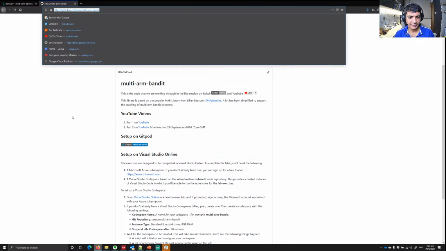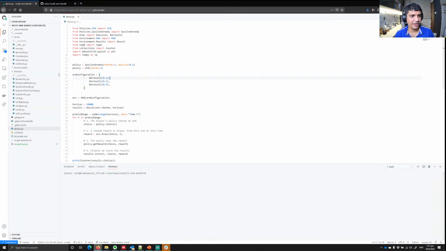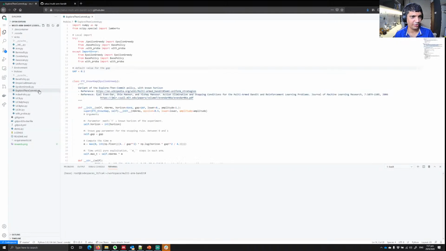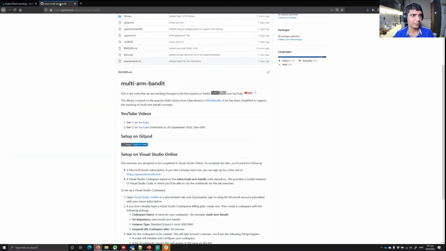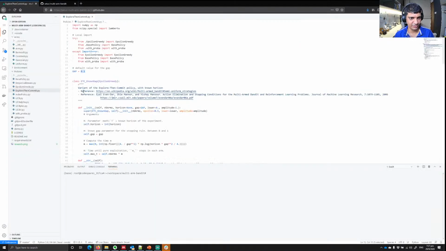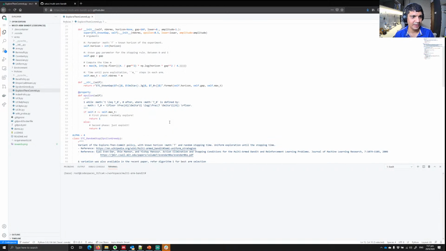All right, let's get started. So I already have my environment set up, and I have two explore then commit policies, where the first one is where I know the gap. Over here I've assumed my gap to be just 0.1. For my examples, we can pass this as a parameter and say, hey, what is that gap that we are looking at?